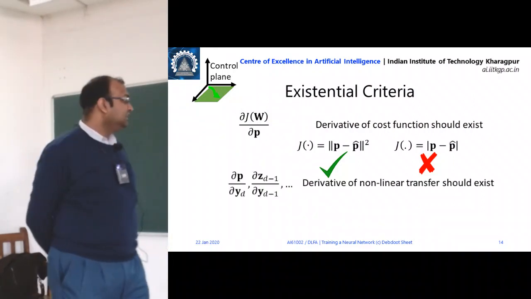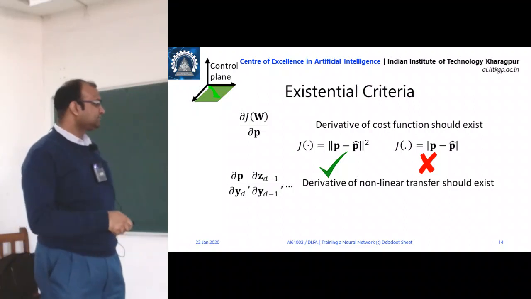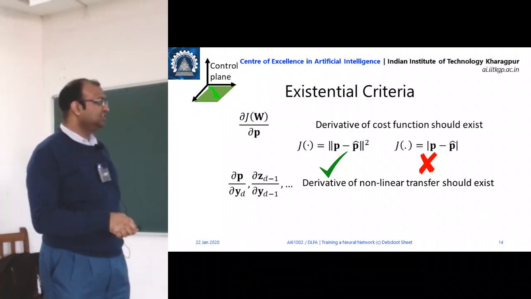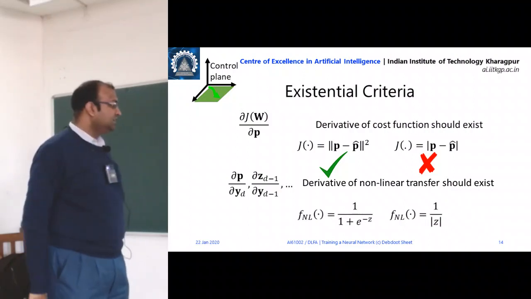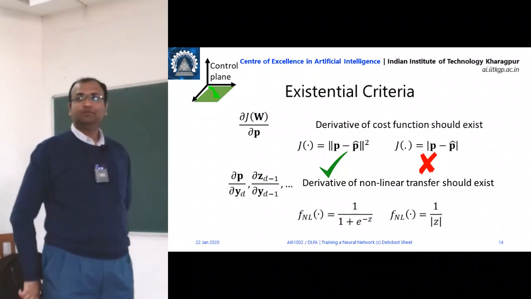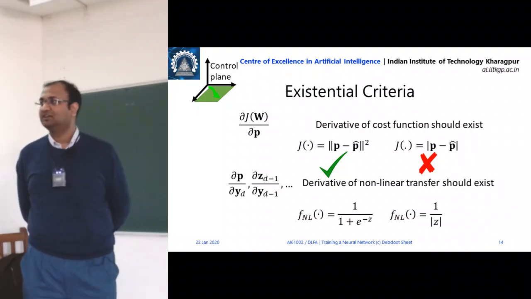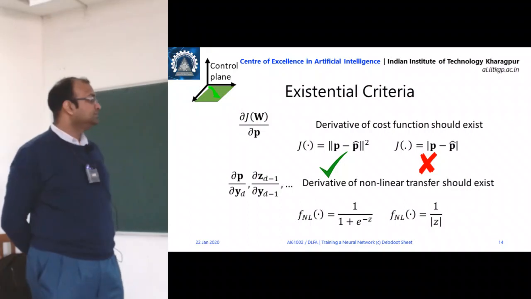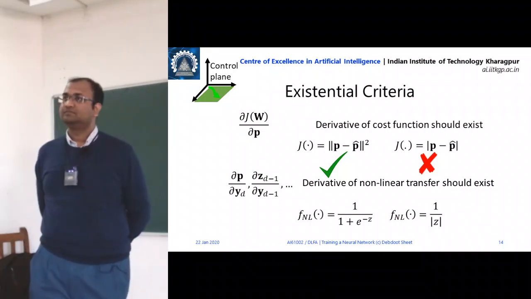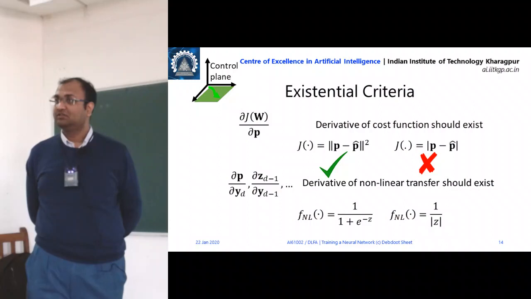Okay. Next, you need the nonlinear transfer functions for it to exist. Now if I have a nonlinear transfer function of these two types, which one is valid and which is not? It's always positive, that's what I am telling.